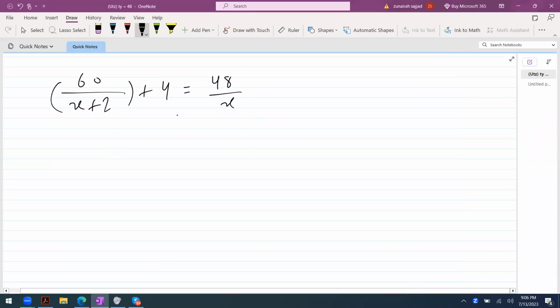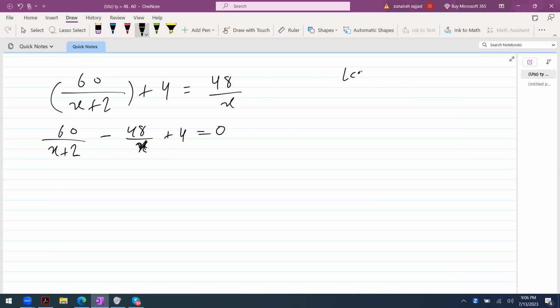Okay. So what should we do? Now it's an algebraic expression. Okay. Let's do 60 over x plus 2 minus 48 over x. Okay. Plus 4 is equal to 0. Okay. What's the LCM of x and x plus 2?